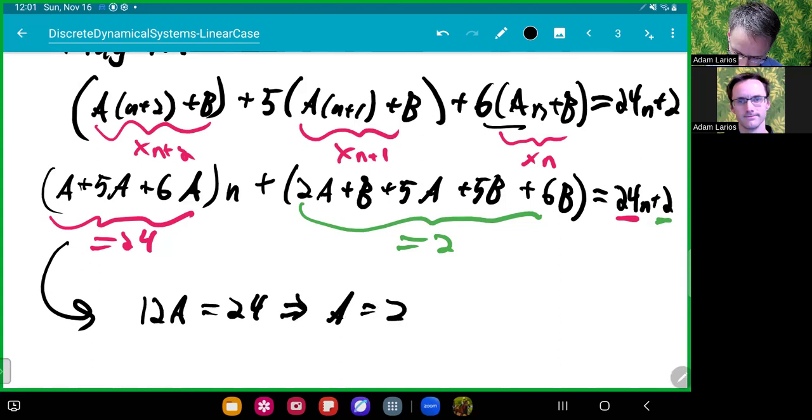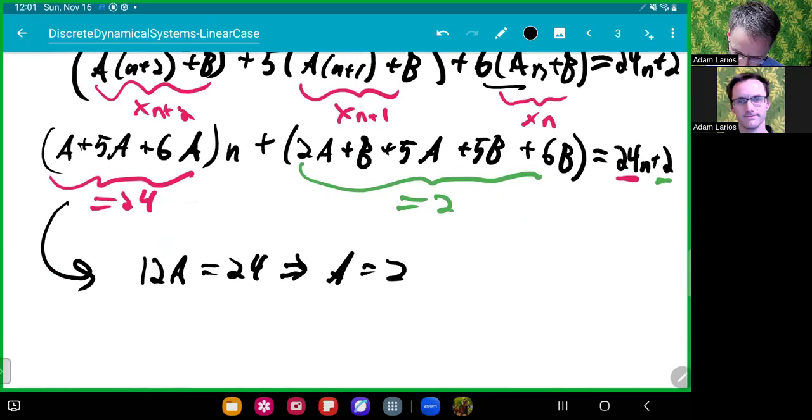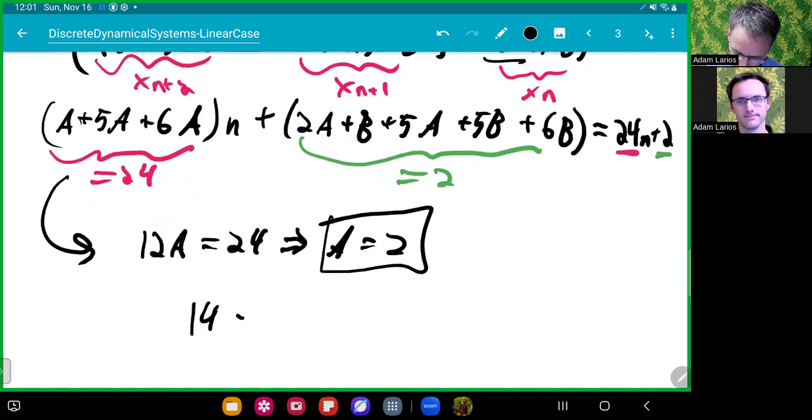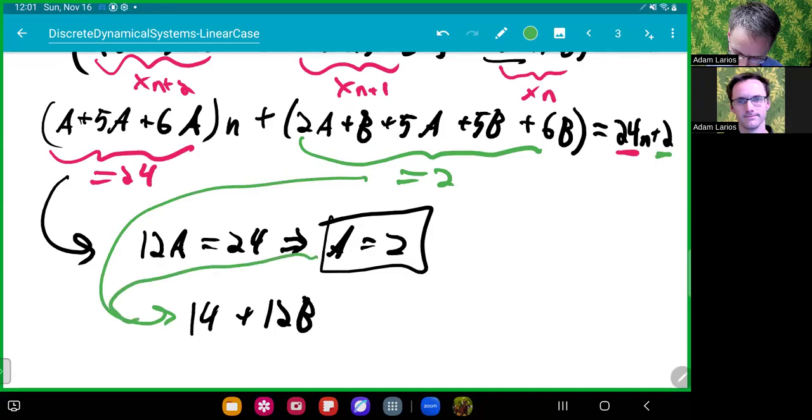For the next one, we can just substitute a directly in, now that we know that a is 2. I'll simplify this a little bit, but you can check it if you like. That's coming from this. Using a equal to 2, we get 14 + 12b is equal to 2 on the right-hand side.